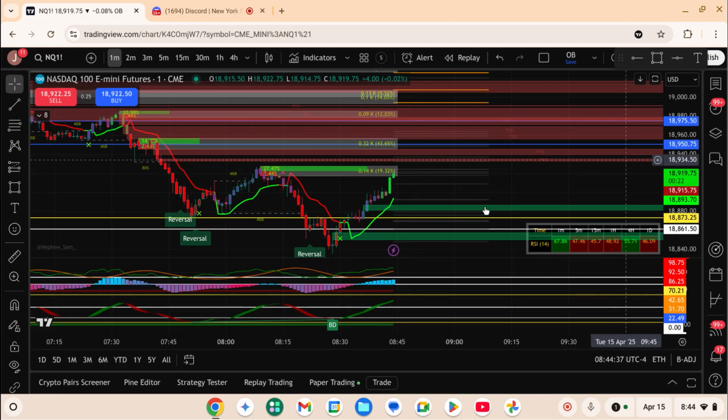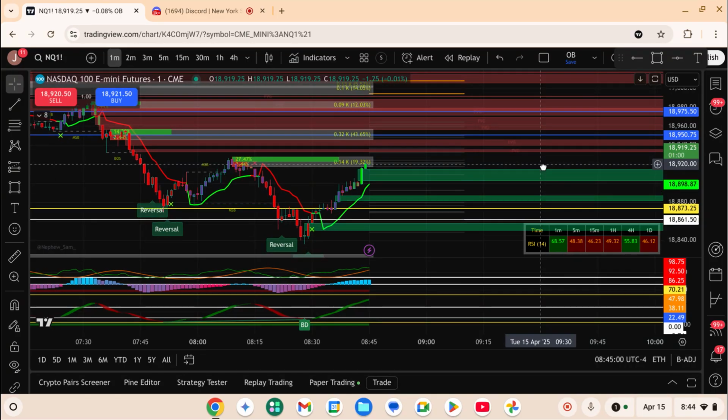So that's why I like entering my trade before, because if you enter in at the right area before market open, it's usually going to push you farther in that direction that you're already in most of the time.